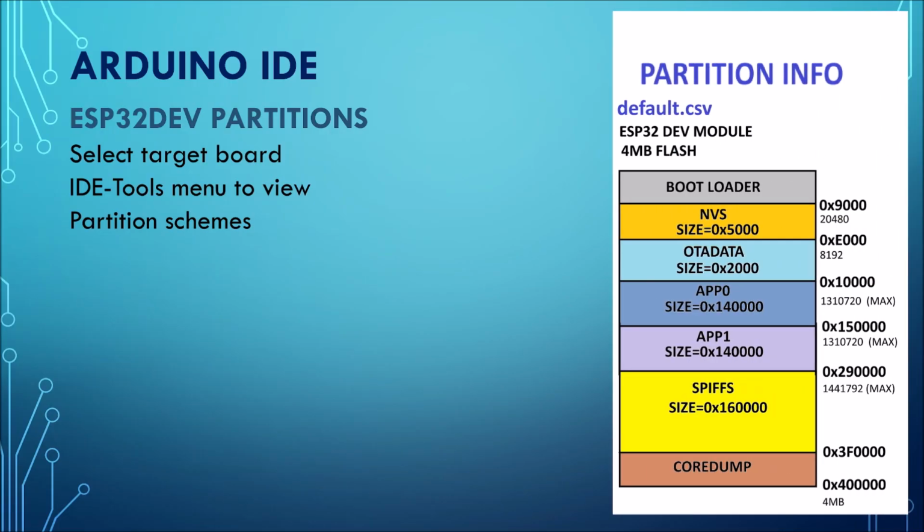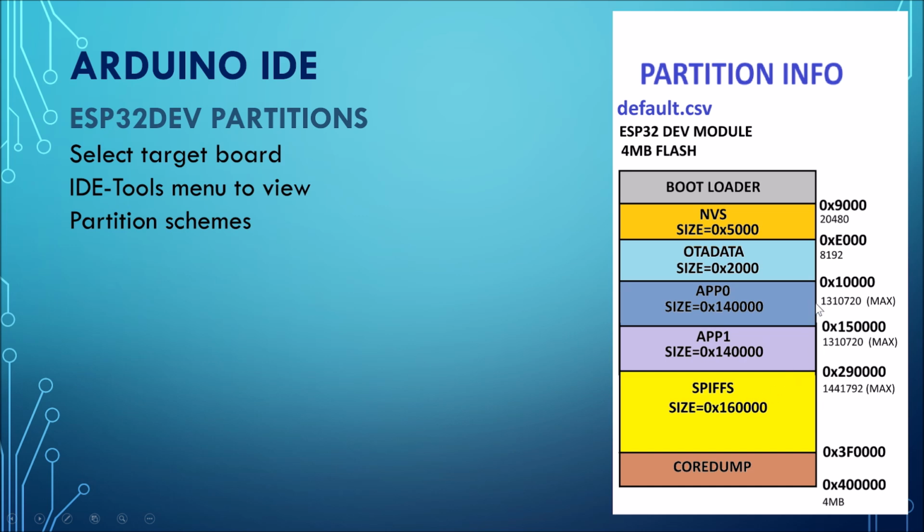And what we find as a result of all of that is that the partition information for an ESP32 module with 4 megabytes of flash has an arrangement like this. If it's to support OTA, it has 2 app partitions, etc. And it has some storage space for handling SPIFFS.